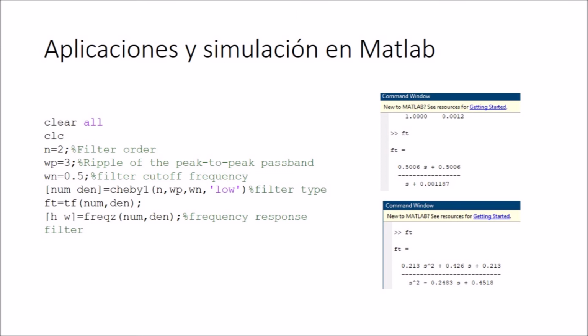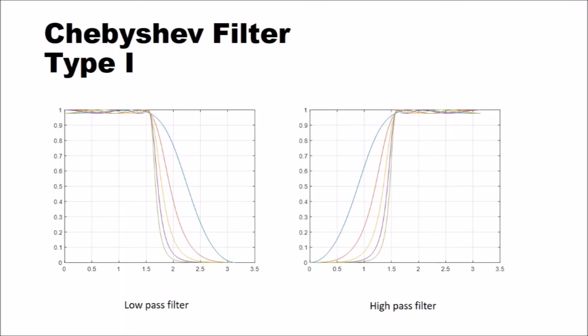With this, we can obtain the transfer function of the necessary order. With this program, we can also graph the functions of the different orders. Here we can see the Chebyshev filter in low pass and high pass.